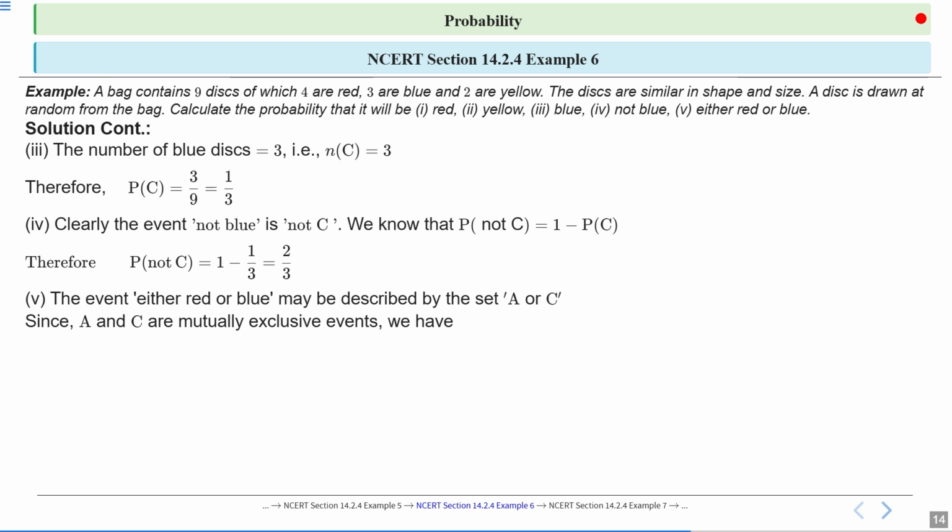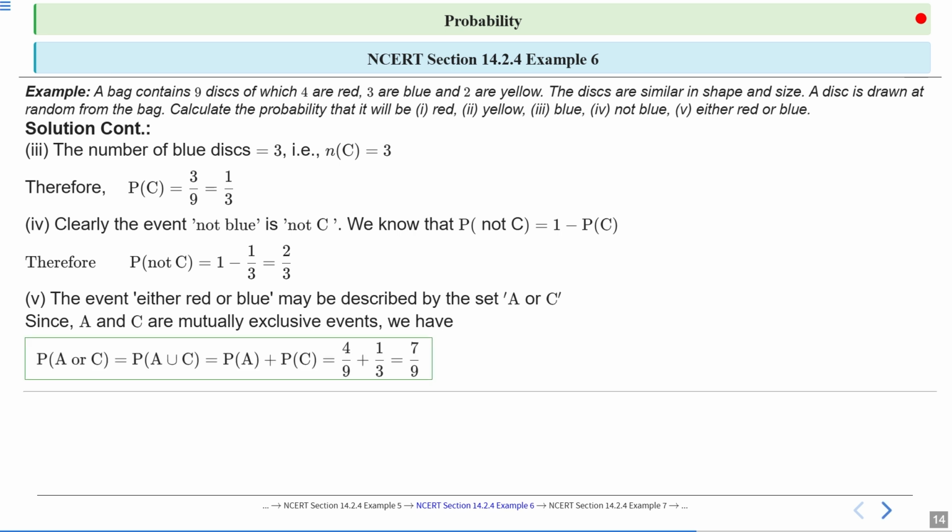You can check it. A intersection C is empty. There is nothing common between the events A and C. So A and C are mutually exclusive events. So we have this formula: the probability of A or C is equal to the probability of A union C, and this is equal to the probability of A plus the probability of C.